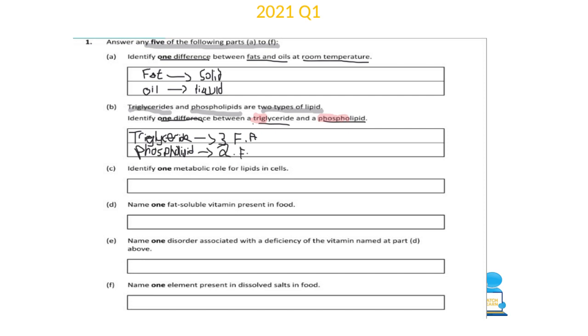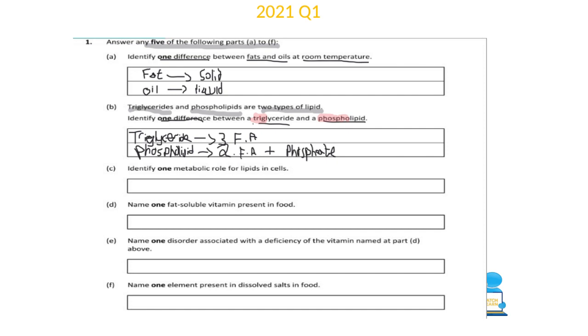You can also give a difference that the phospholipid, and I underline the phospho part, also has a phosphate. So I can add in here as well 2 fatty acids and a phosphate. The triglyceride does not have a phosphate. So if we're looking at the basic structure of a triglyceride, it is 3 fatty acids connected to a glycerol, whereas in a phospholipid, we have 2 fatty acids and a phosphate connected to a glycerol.